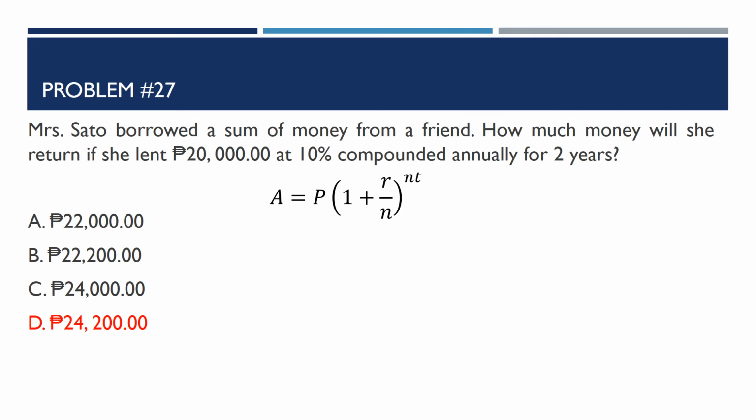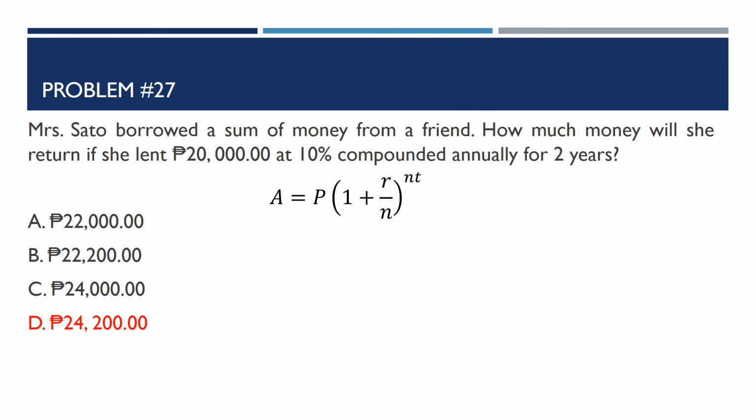If it's compounded quarterly, it will be 4 times a year that the percentage will be computed. You might ask, what's the difference between compounded and simple interest? Simple interest is computing the interest for the whole year, so it's just once.